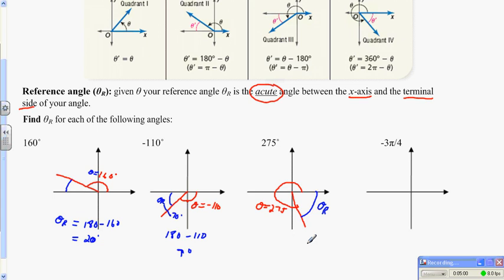Now, since this is almost a full rotation, we could do 360 minus 275. That would be 85, I believe. Yep, 85 degrees. Again, acute, positive.